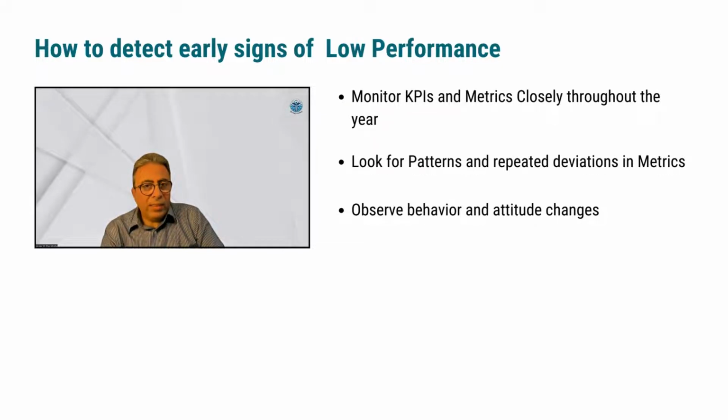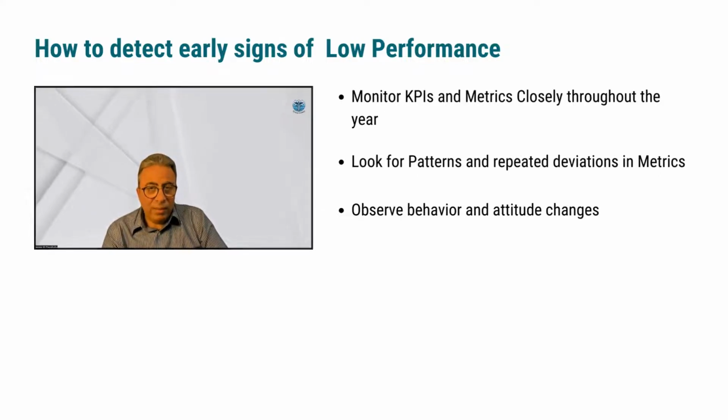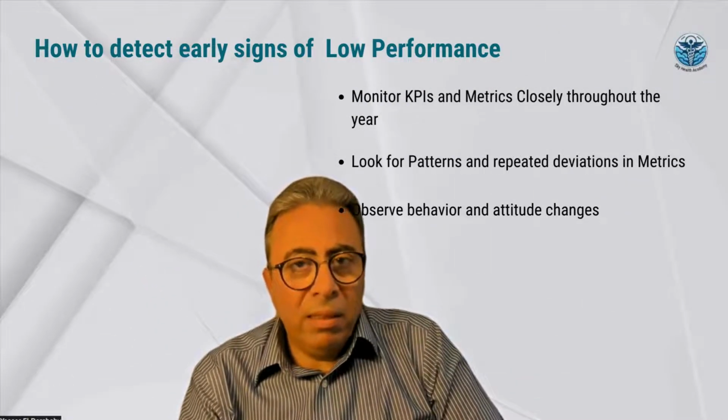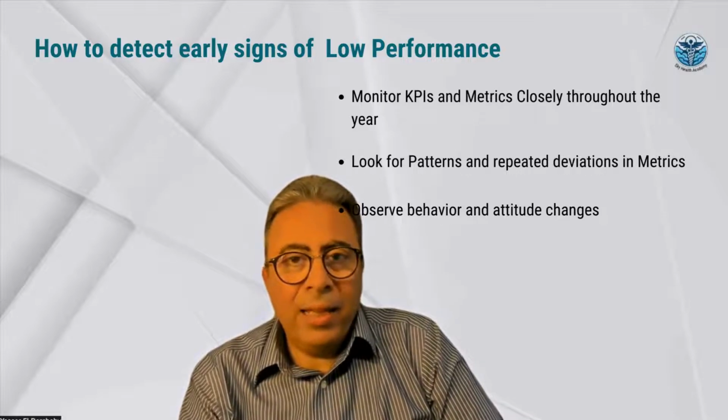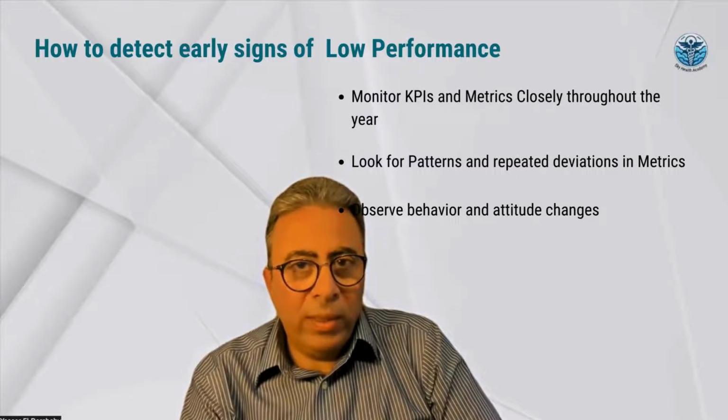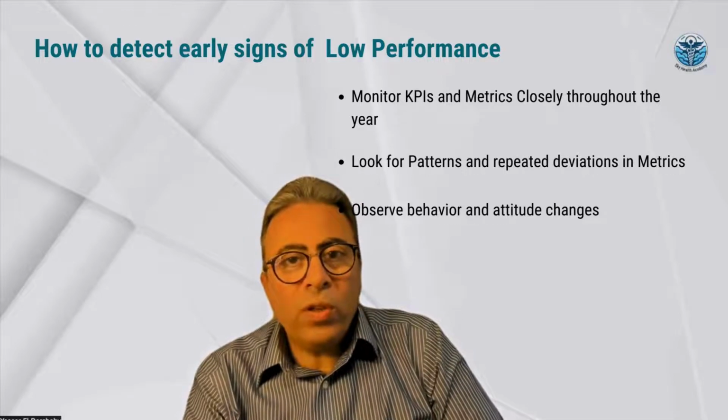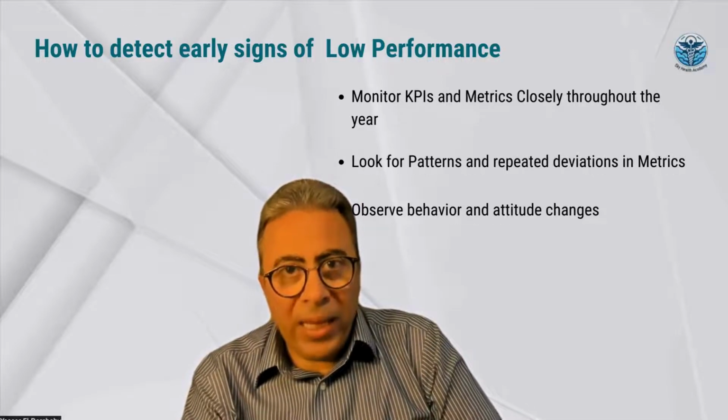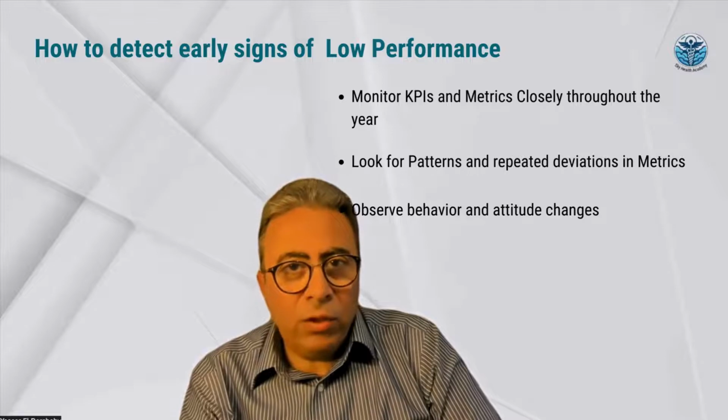This continuous unhappiness and objecting may indicate a bigger problem underlying, beyond just the colleague objecting. So it needs, again, deeper digging and probably a discussion with the colleague. Always observe patterns of behaviors and changing attitudes.